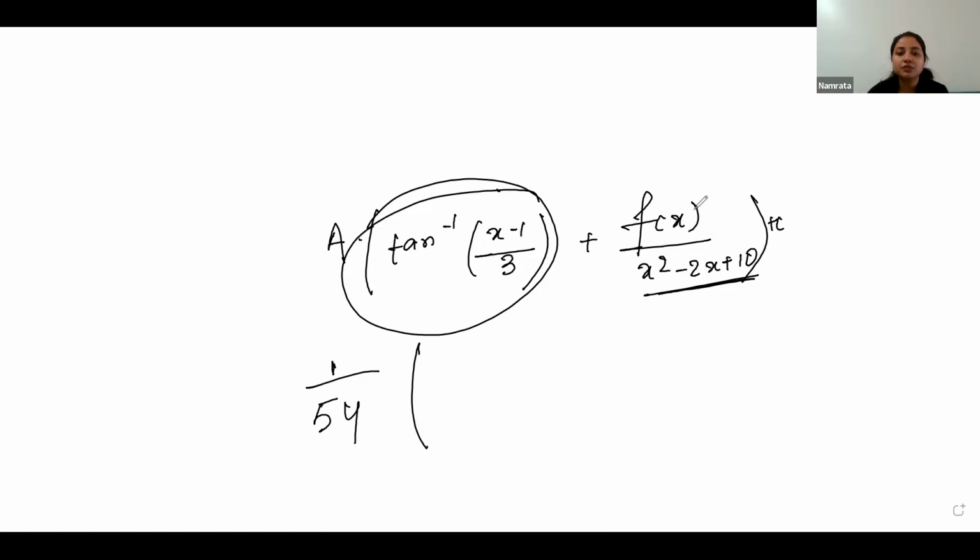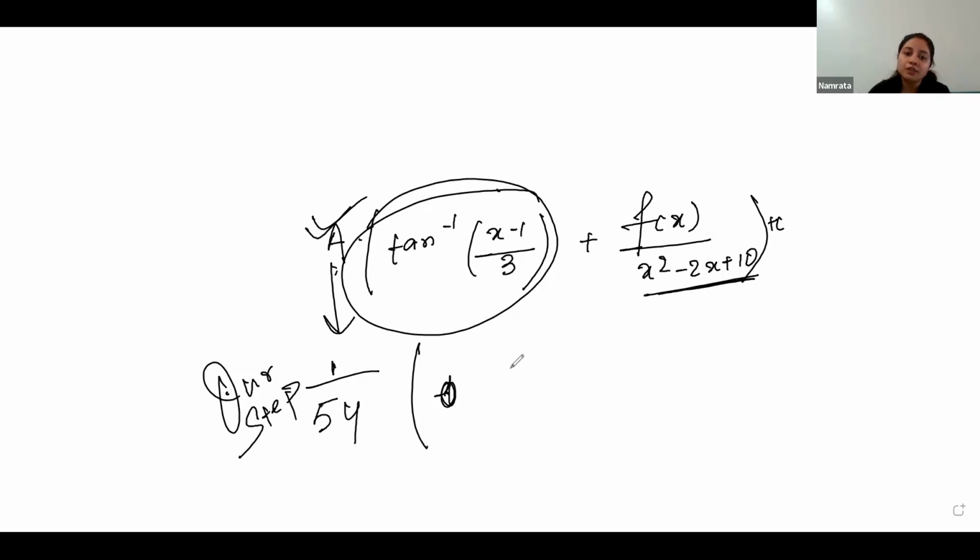f of x, we have to say what is f of x. A, we have to say what is a. So what we will be doing over here, a we can see clearly it is 1 by 54. Let me see if the options are given like that or not. Yeah, options are also given like that. Let me write what we were having in the previous step.